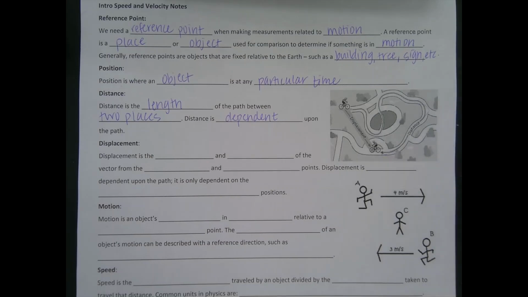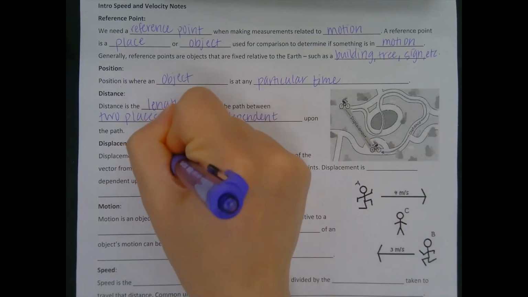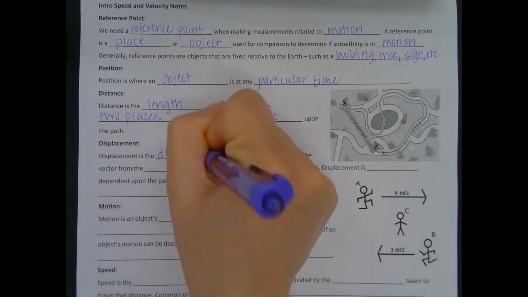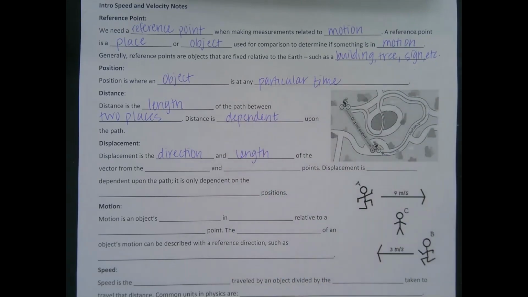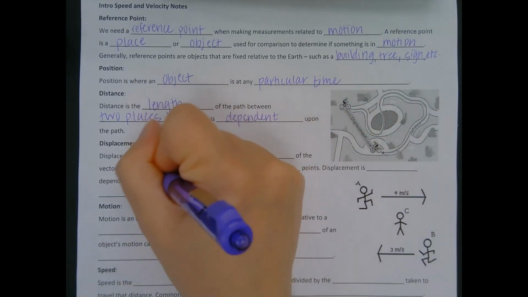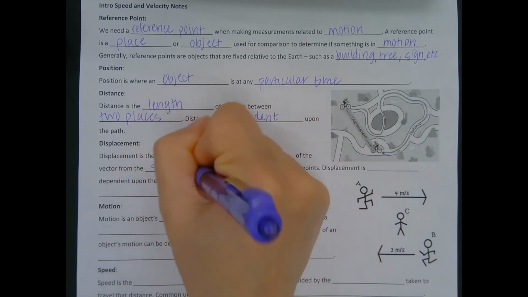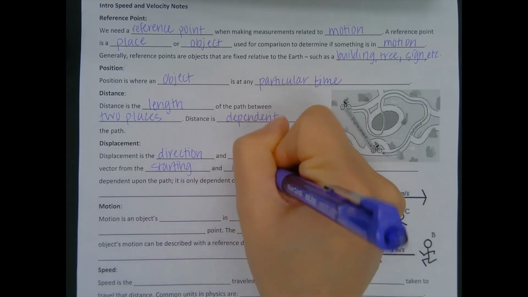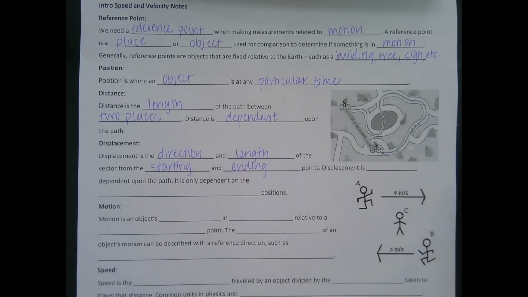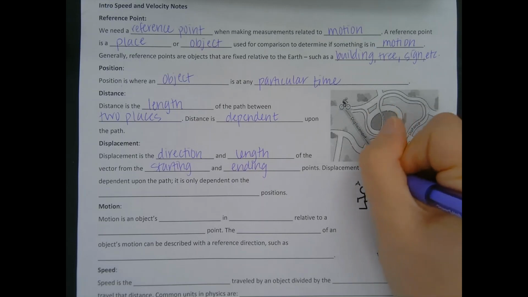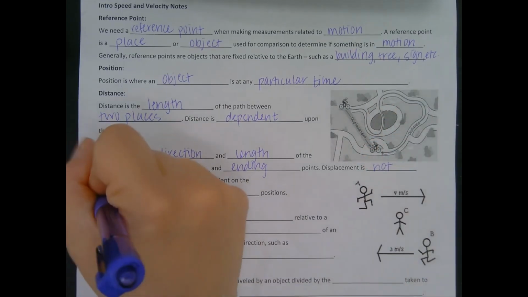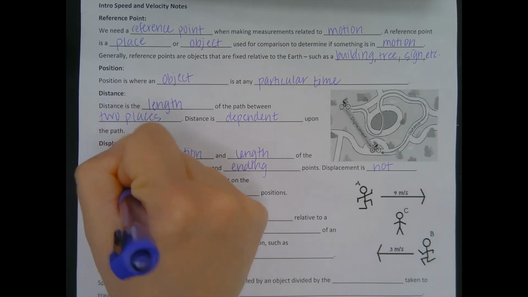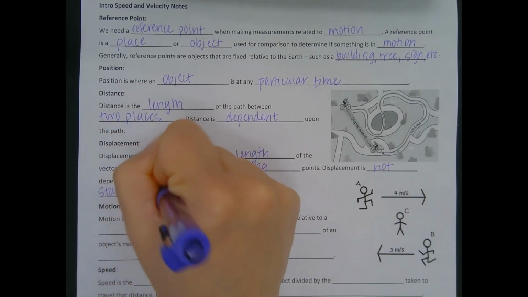That is our distance. Our displacement, however, is the direction and the length of the vector from the starting to the ending points. So displacement is not dependent on path, and it is only dependent on the starting and ending positions.